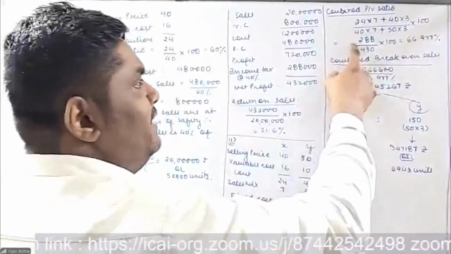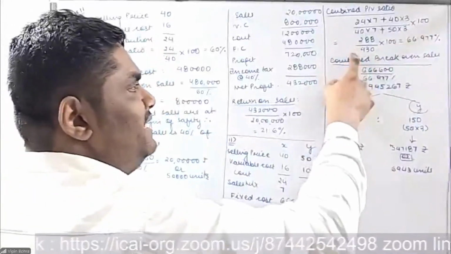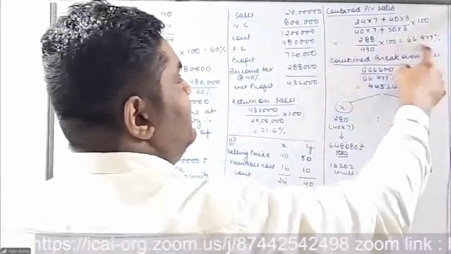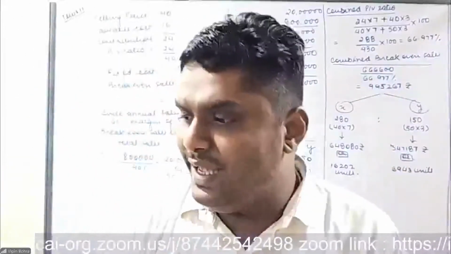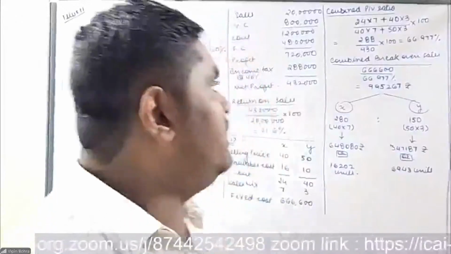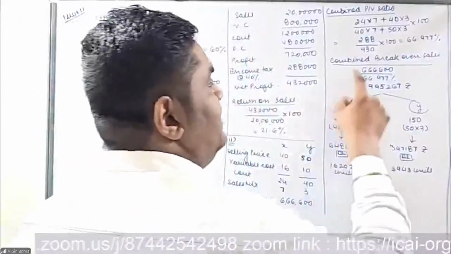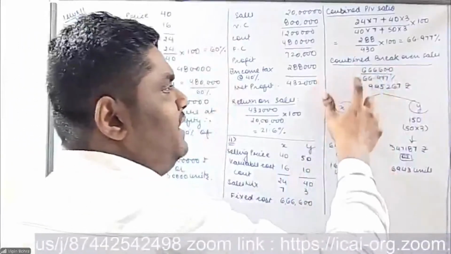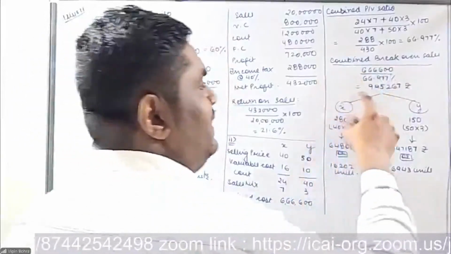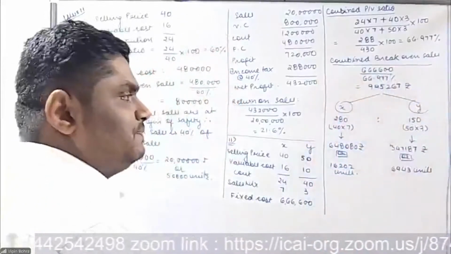So the total weighted contribution divided by weighted selling price into 100, we will get the combined PV ratio. Once the combined PV ratio is calculated, we will calculate the combined break-even sales. The fixed cost, 6,66,600, divided by combined PV ratio, we will get the combined break-even sales.